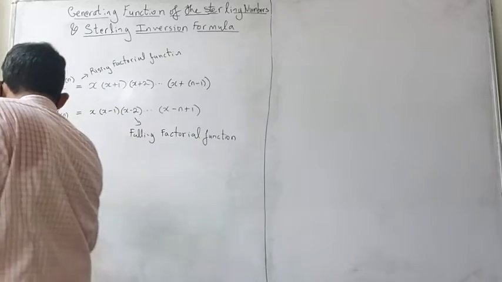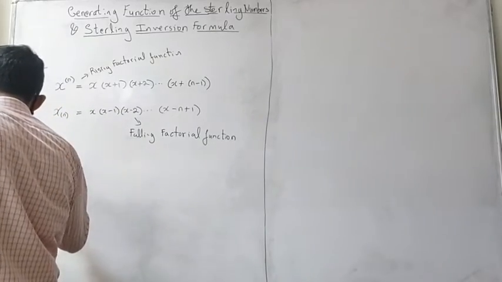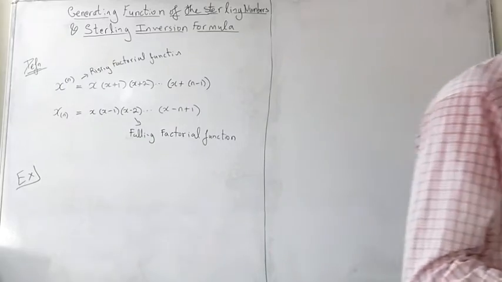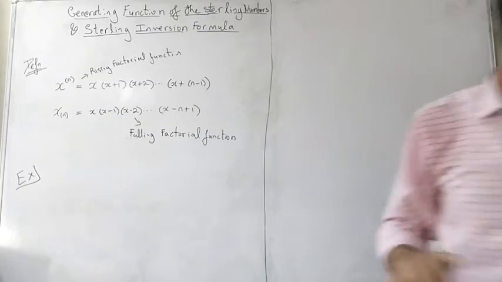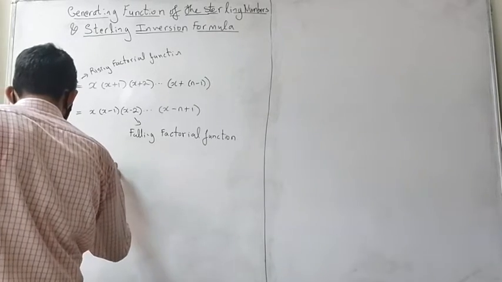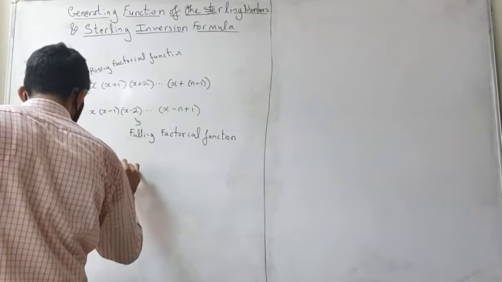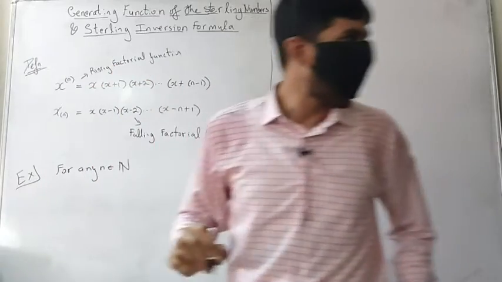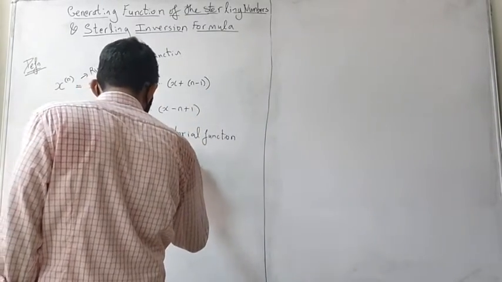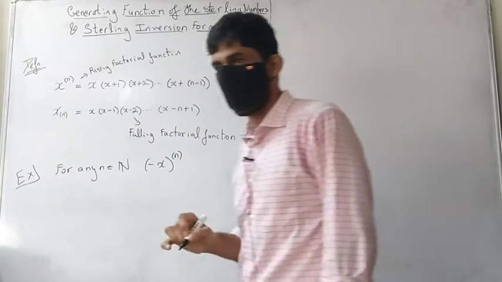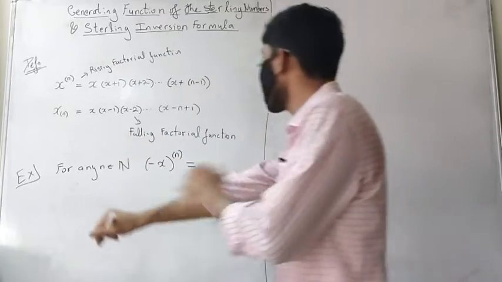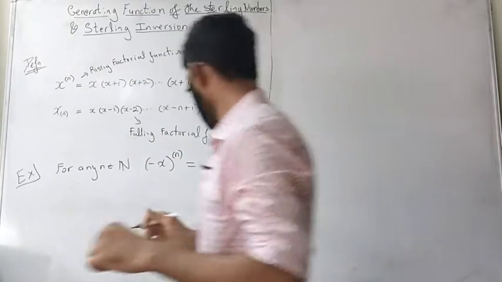So a small exercise is, can we relate these two in some manner? It works out that for any n in N, if you look at minus x rising n, what do you get this to be in terms of the falling factorial?